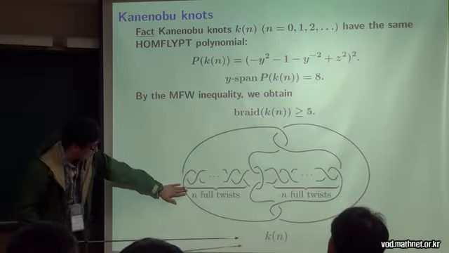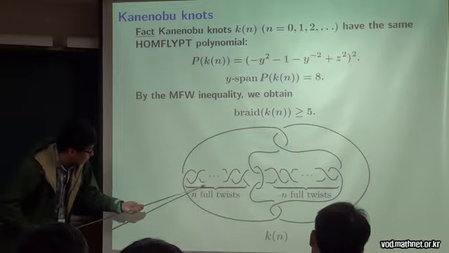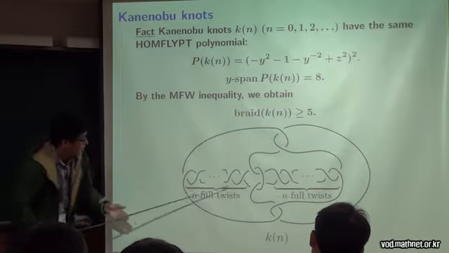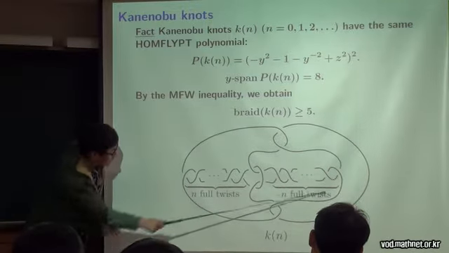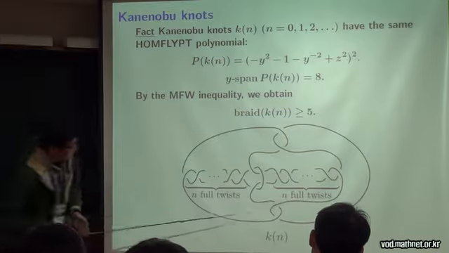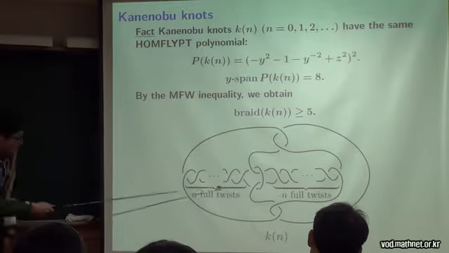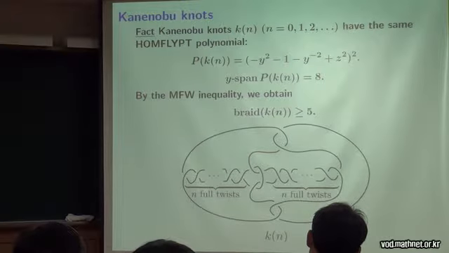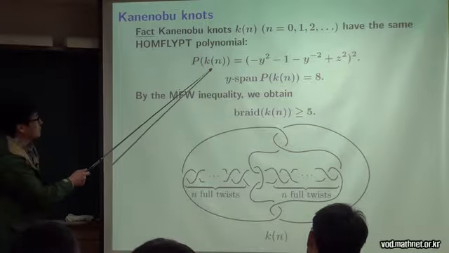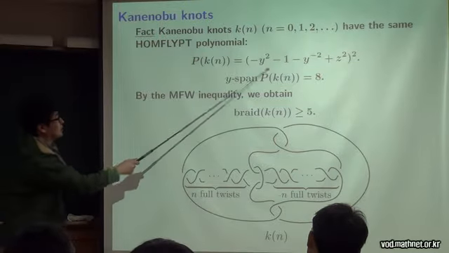This part is n full twist. This part is 1 full twist. And in this case, minus n full twist. And this is the Kanenobu knot, K_n. The HOMFLY-PT polynomial of the Kanenobu knot is always this value.